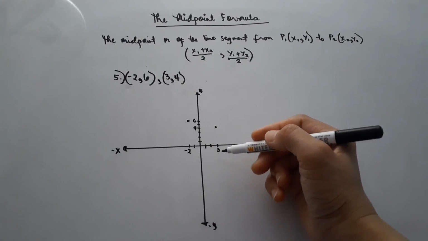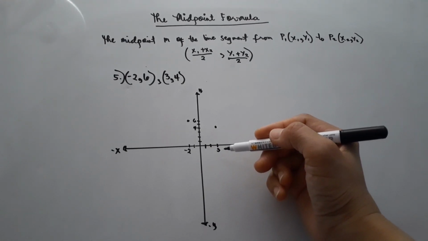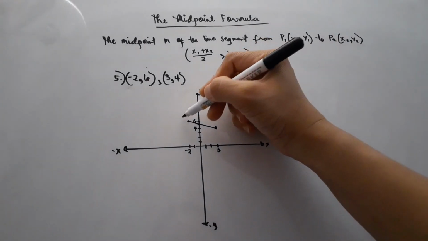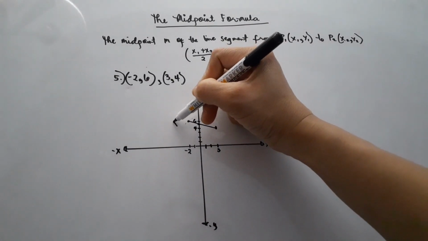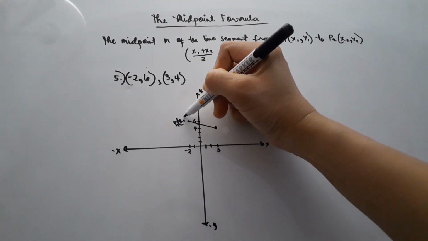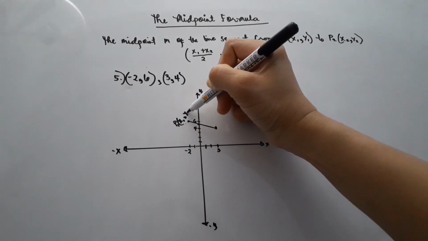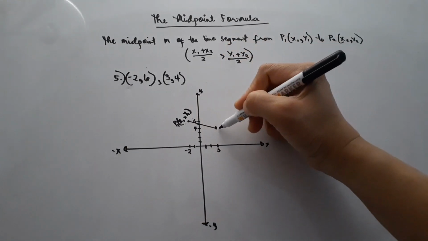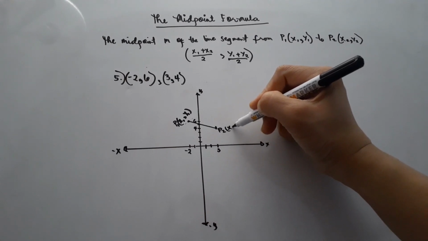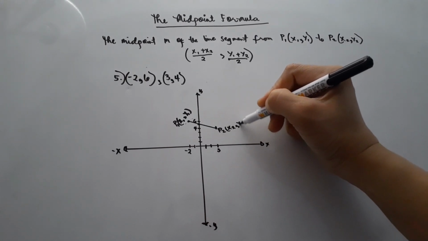So we have point 1. From point 1 here we have x sub 1 and y sub 1. And this is our point 2. We have x sub 2 and y sub 2.